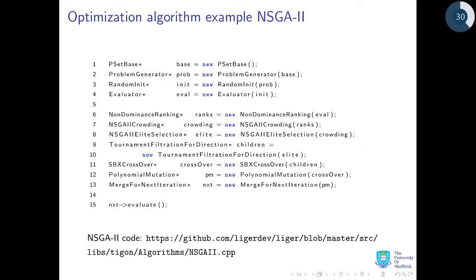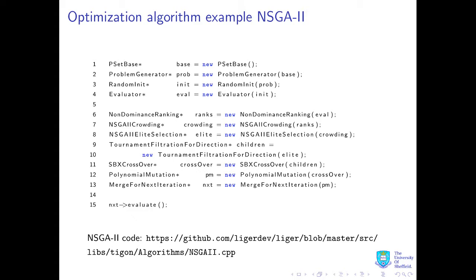So let me show you now how it looks. This is an example, an algorithm called NSGA-II. In here, the first 4 lines are actually not part of the algorithm. They are just setting up this workflow.